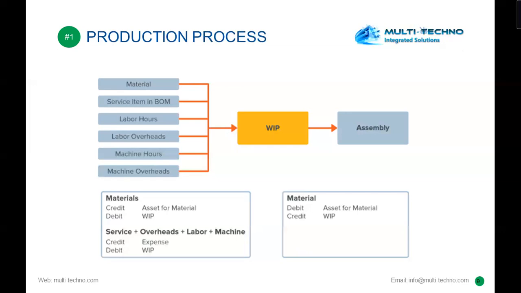Labor overhead we can also manage. Machine hours or machine overheads we can also manage. The accounting impact is here too: how we credit and debit our multiple accounts, and how work in process and assembly build are created.